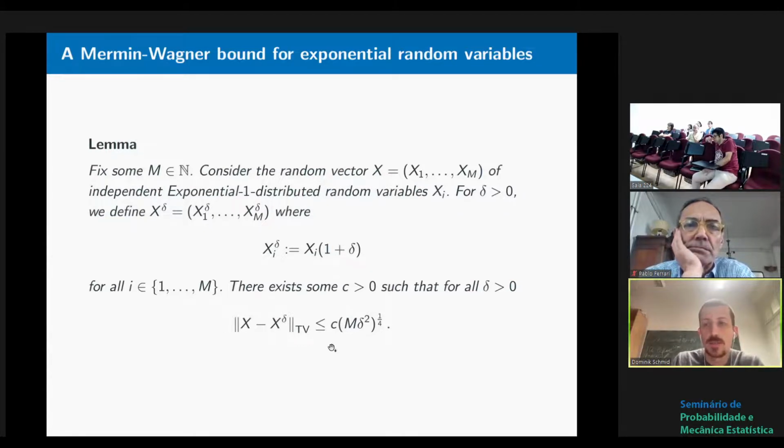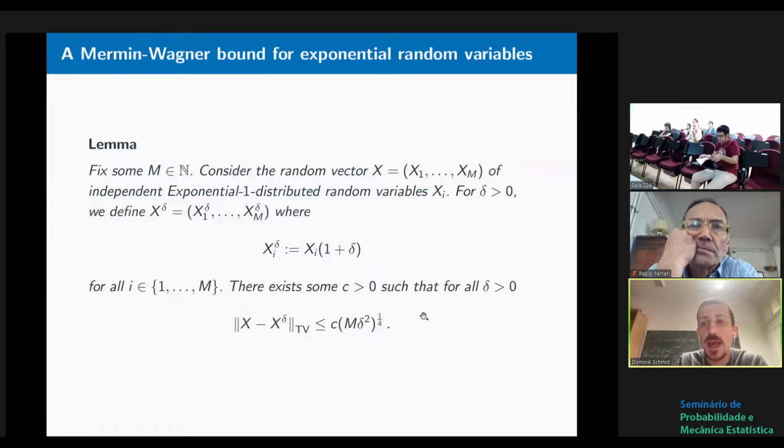However, you can do much better, and this is somehow the key insight. In fact, you can get a bound of order m times delta squared, to the power quarter, and some constant c. This is not optimal, but it suffices for what we want to do.